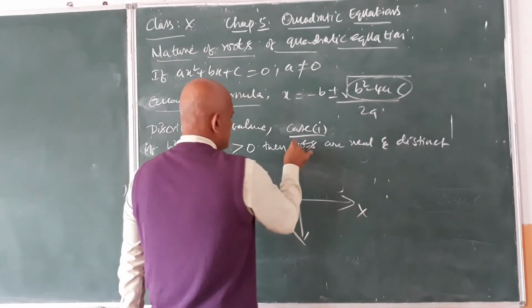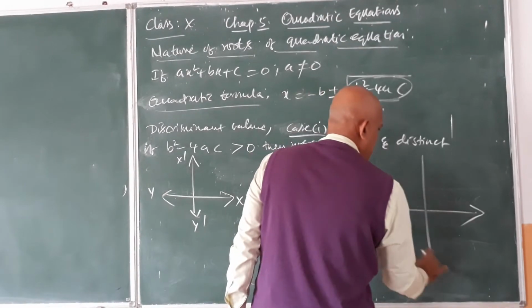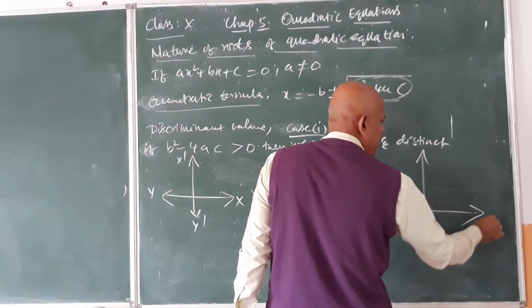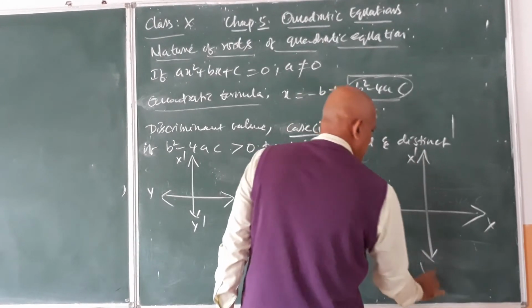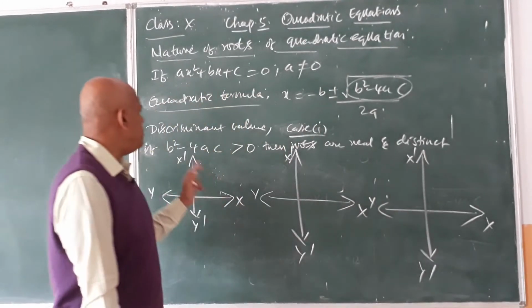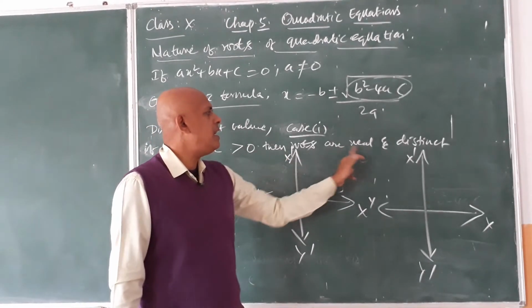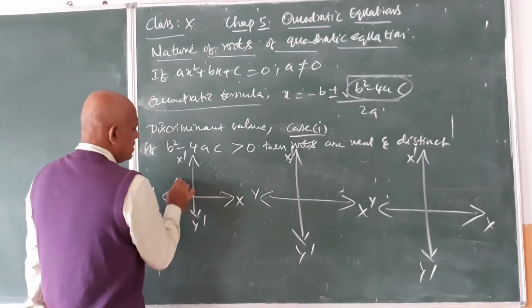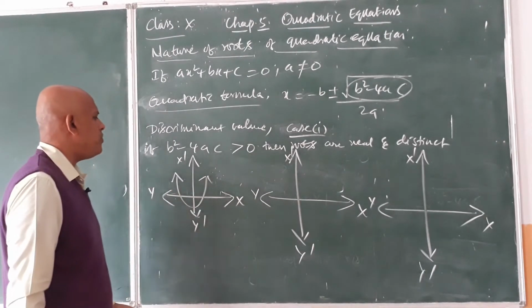We are not learning this in detail, I am just explaining how it behaves in the graph. When b square minus 4ac is greater than 0, the roots are real and distinct. The quadratic polynomial graph is a parabola.